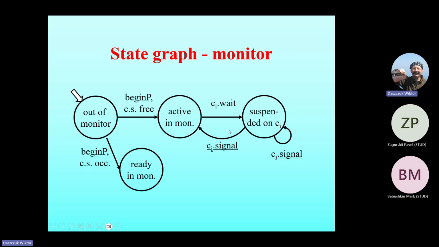However, if many processes wait on a condition variable, one of them is woken up, the rest continue waiting, suspended on the condition variable. So if there is more than one process waiting, we have a non-deterministic choice. Non-deterministic because we don't know which process will be woken up and which one will stay in suspended state.